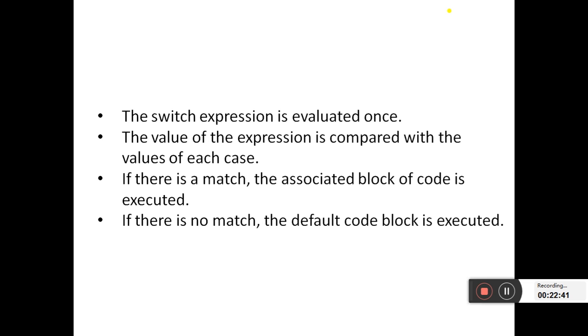If a match is found, it returns true. If it returns true, the associated block of code is executed. If it returns false, then it will skip that block and match with the next one. If no match is found with any of the cases, then it will execute the default block, where the default statement will get executed.